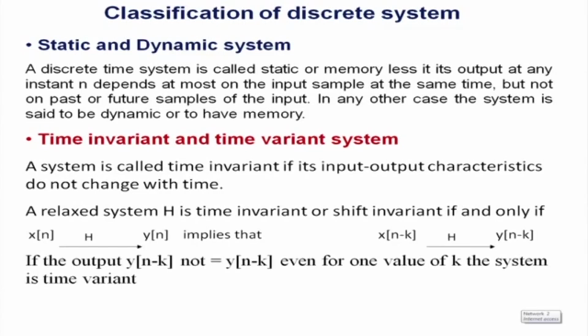Then time invariant and time variant system. Time invariant and time variant signal is called stationary and non-stationary signal, but for a system, if the system does not change its property over the time, then I call it a time invariant system. If it changes along with the time, then I can say it is a time variant system.